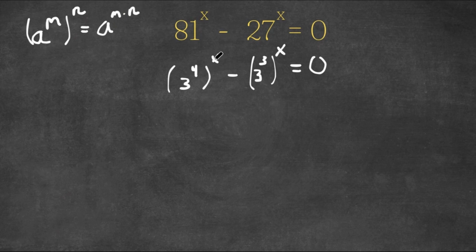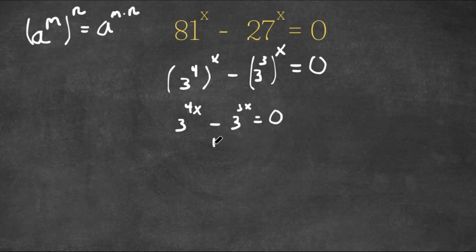Meaning 3 to the power of 4 to the power of x would equal 3 to the power of 4 times x, or we could also write that as 4x. Minus, now we're going to do the same thing over here. 3 to the power of 3 to the power of x is the same thing as 3 to the power of 3 times x, which is simply just 3x. Now this is equal to 0.